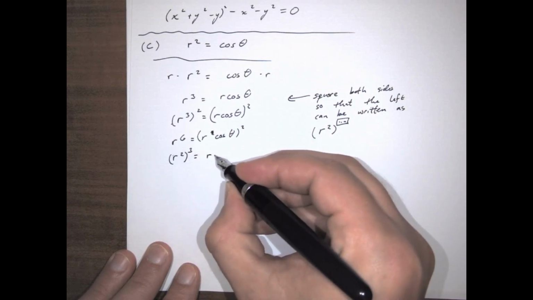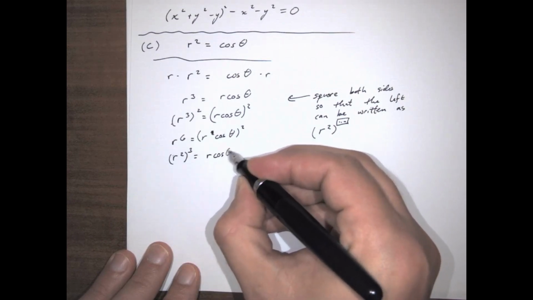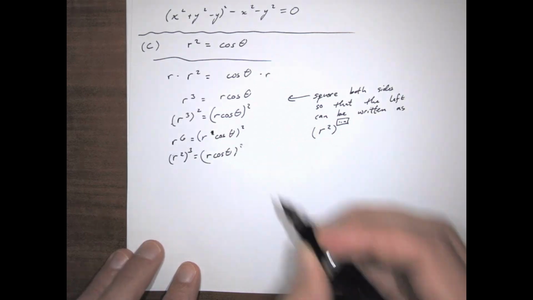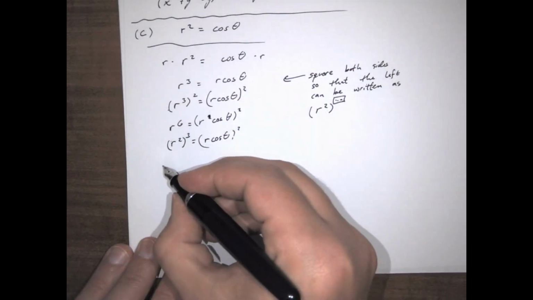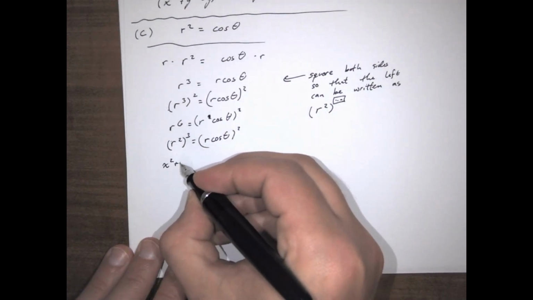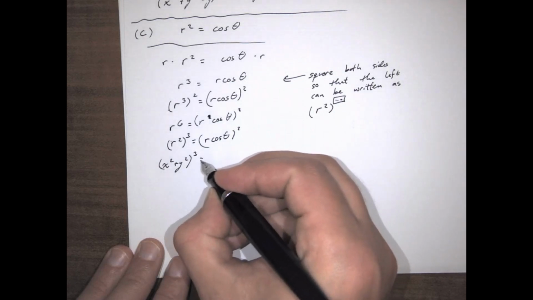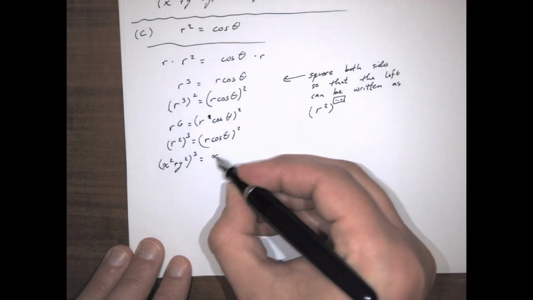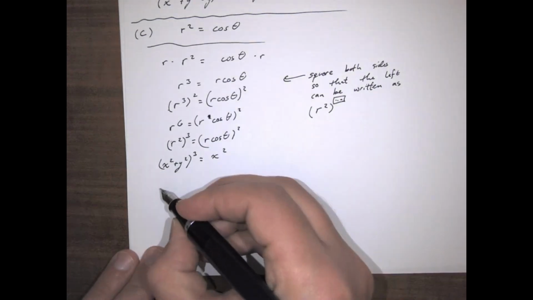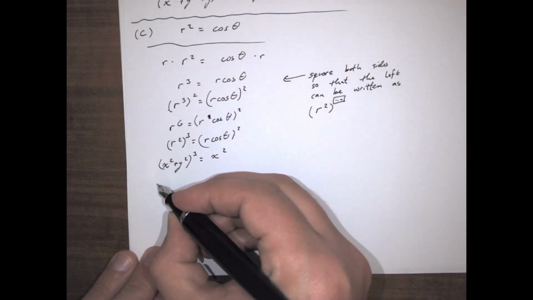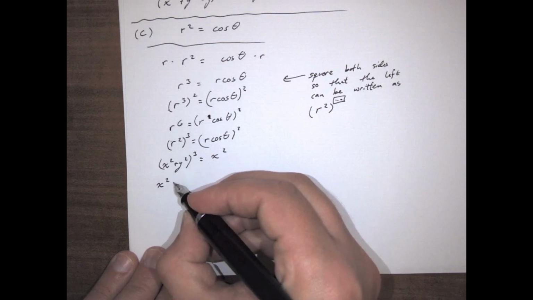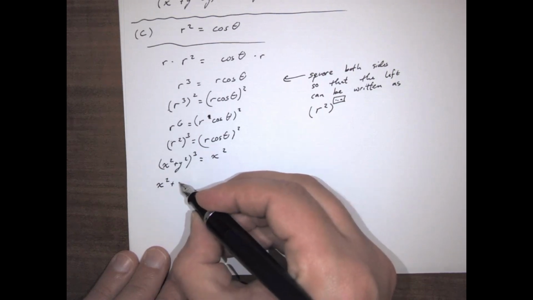And that's the same as r cosine theta squared, which now we can finally convert to x squared plus y squared all raised to the third power is equal to x squared. Now we move everything to the left if we are doing this for Pearson.